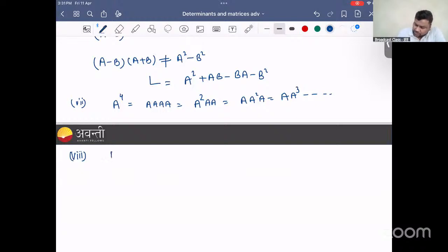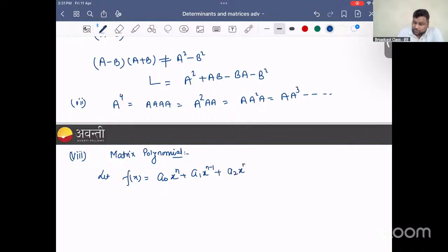Now, eighth property. This is what we call matrix polynomial. Say there is some polynomial f(x), that is a naught x to the power n plus a1 x to the power n minus 1 plus a2 x to the power n minus 2 and so on, a n minus 1 x plus an.